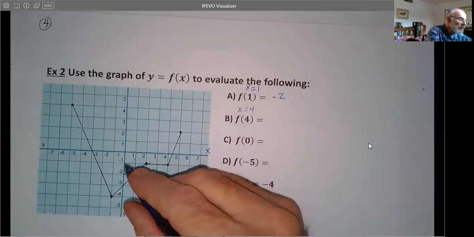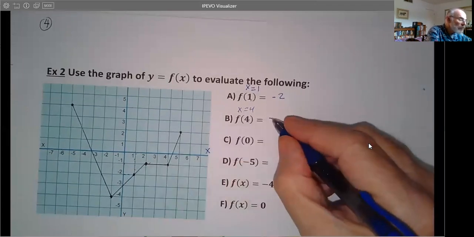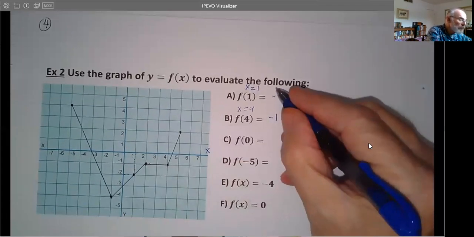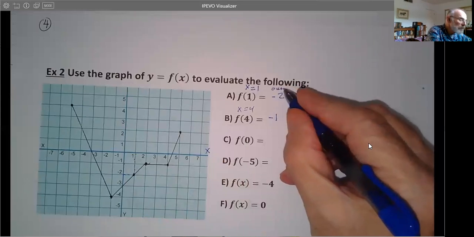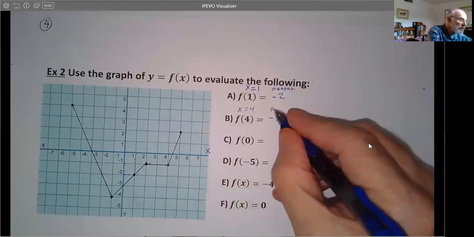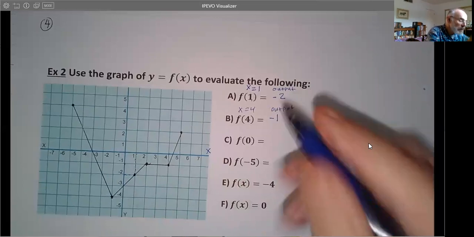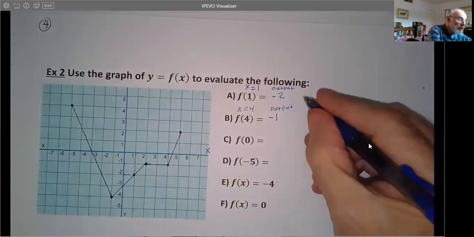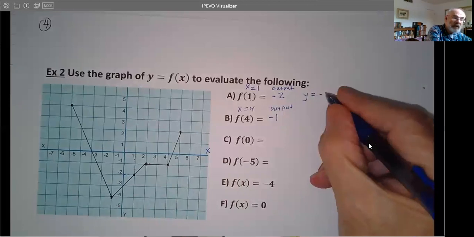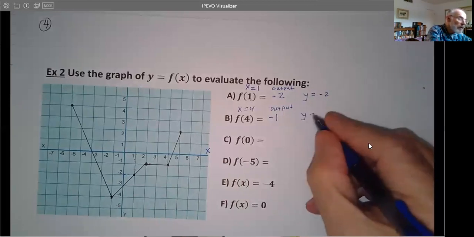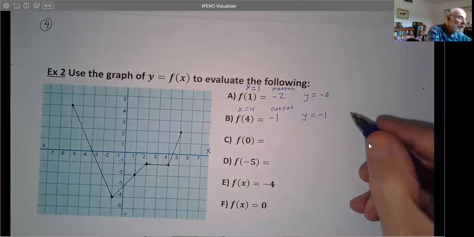So that's where x is -1. So this is -1. The y is -1. So this is output. Output. Okay. Y equals -2. Y equals -1. Right? Okay.